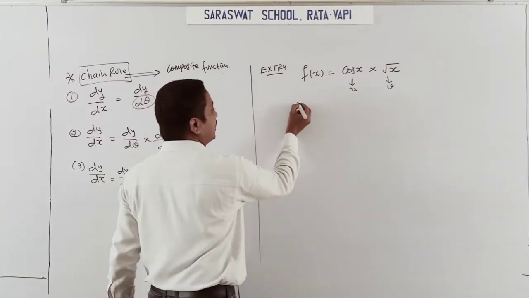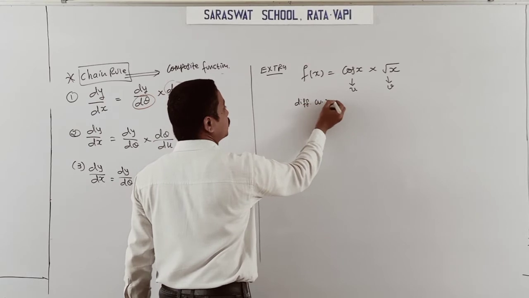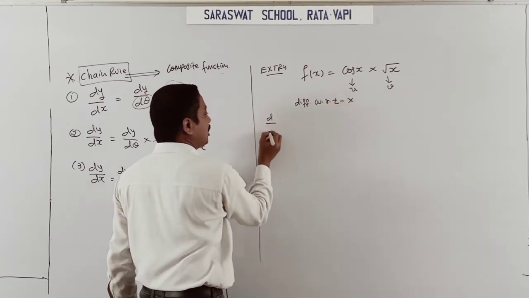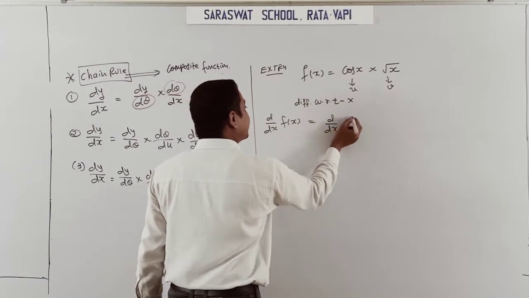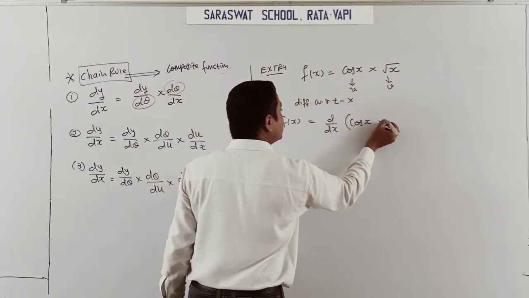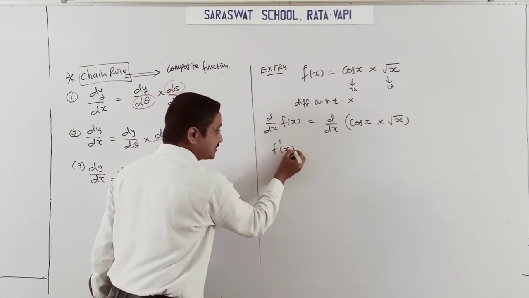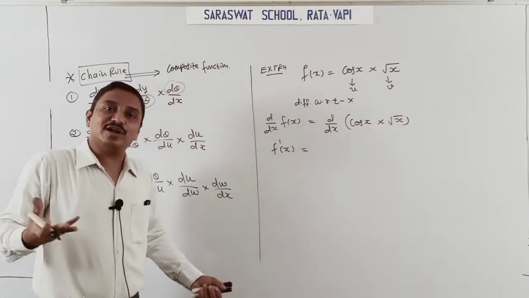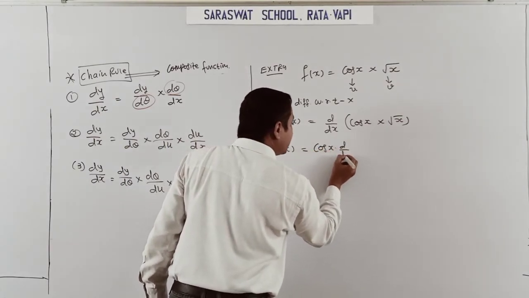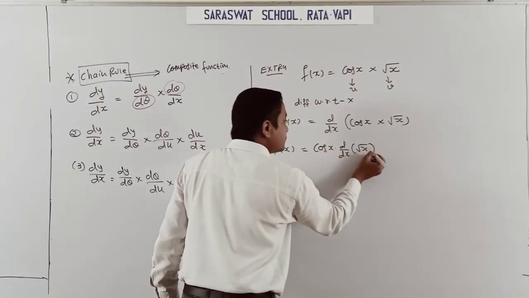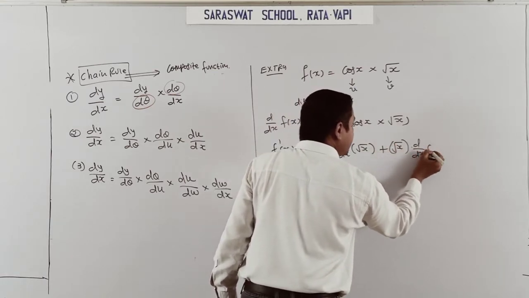So here, differentiation with respect to x, surely d/dx of f(x), and here d/dx of my question, cos x into root x. Here apply, students, the product rule. So first times derivative of second plus second times derivative of first.